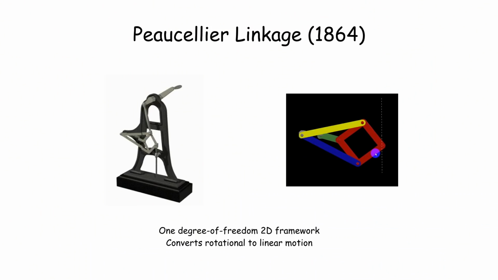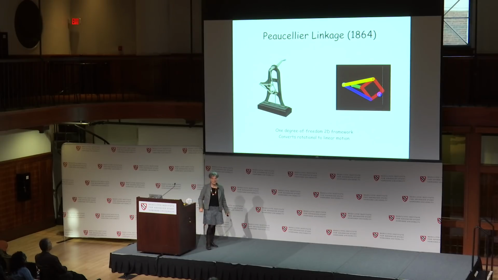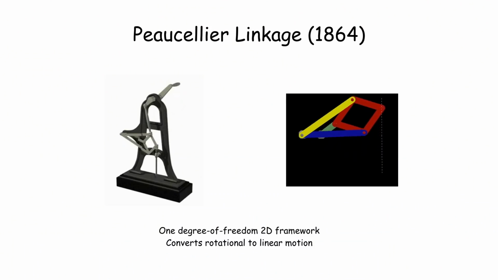So now these structures are very famous. I'm showing you here a very famous one, the so-called Peaucellier linkage, discovered in 1864 at the peak of the Industrial Revolution. It's the one that converts circular motion to linear motion. It was a famous open problem. So on the right, I'm showing it to you because it's the same linkage, but it's clear that it's planar.